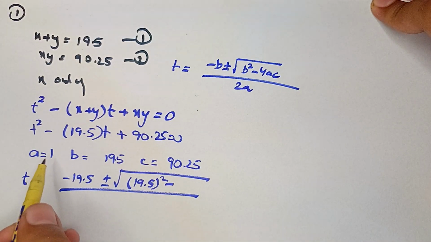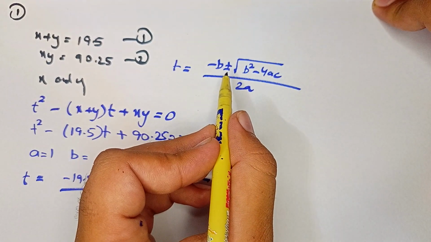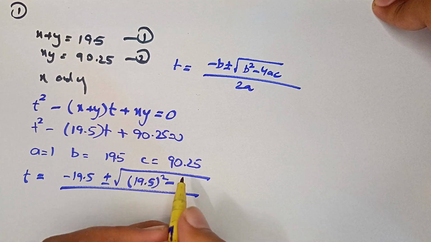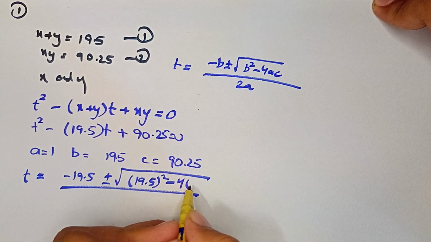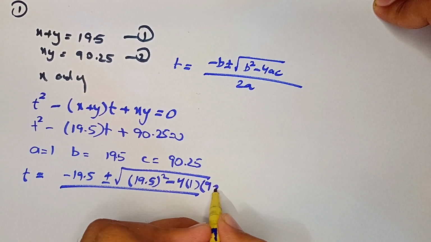I am putting these three values into that quadratic equation, where a is 1 and c is 90.25.